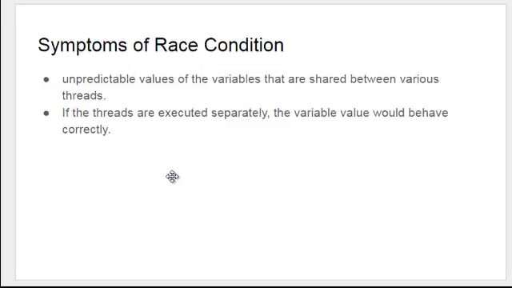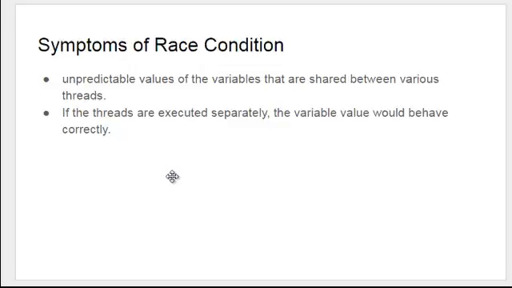So you may end up with a value that changes each time the program is run, and so that output value is just inconsistent, which would be representative of a race condition error.